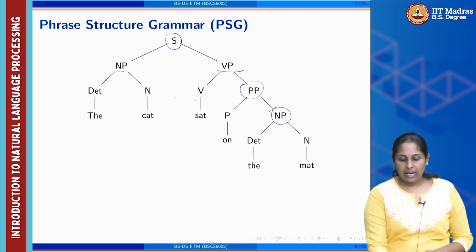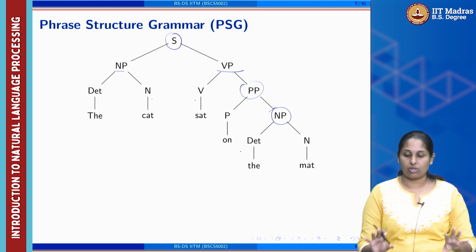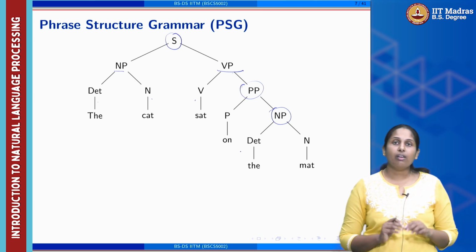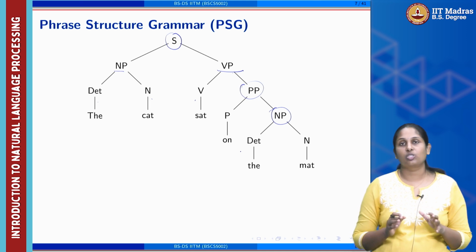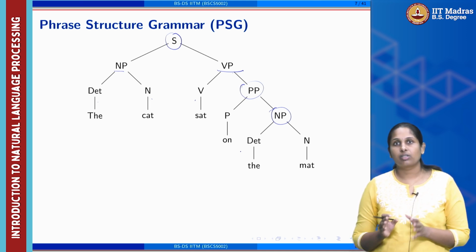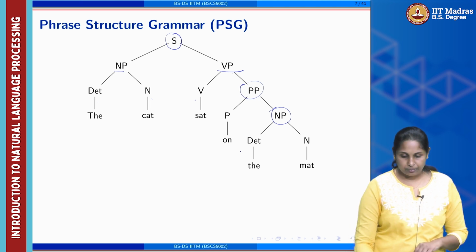So you could see the cat sat on the mat is expressed through some kind of structure over here. This structure will help us in identifying whether a particular sentence generated by the machine is a well-formed sentence that goes along with the language grammar or not.